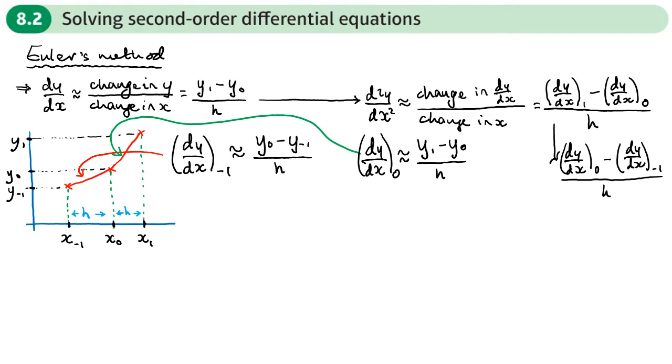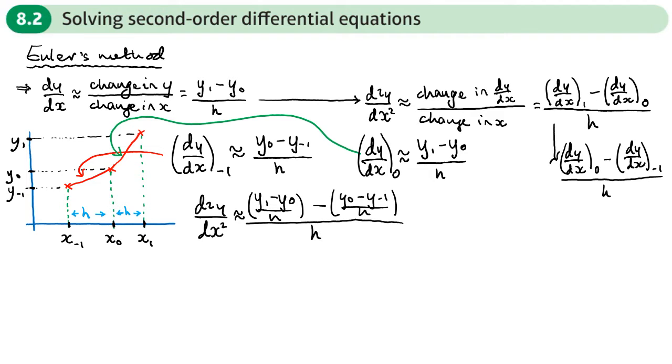So we'll put that in and we'll say, right, the second derivative is going to be approximately, so dy/dx at 0 will be y1 minus y0 over h, minus dy/dx at minus 1, which is going to be y0 minus y minus 1 over h, all over h. So all I've done is just substitute these ones here for what I've written about the gradients.